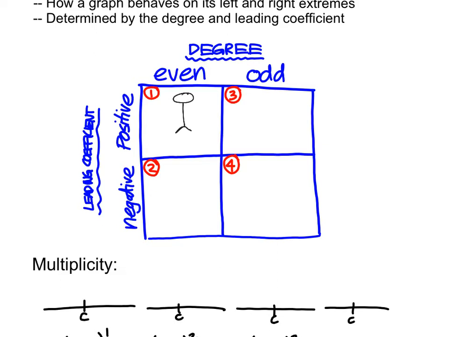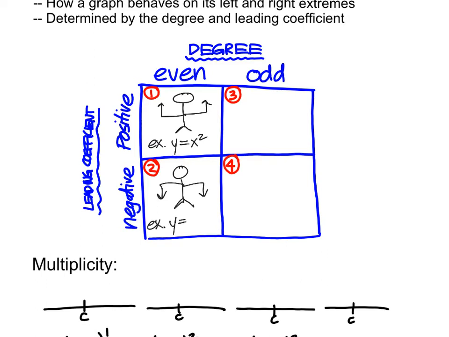An even degree and a positive leading coefficient will go up to the right as well as up to the left. Classic example would be y equals x squared. Number 2, an even degree and a negative leading coefficient will be down and down.